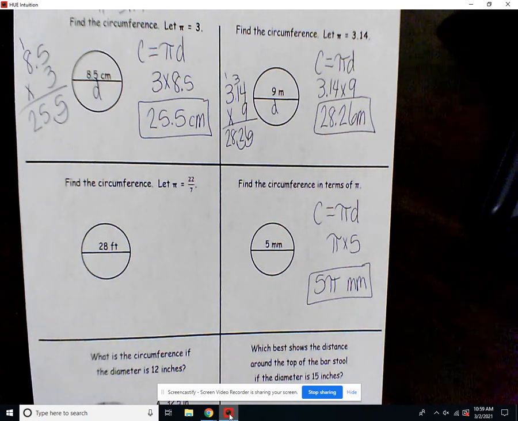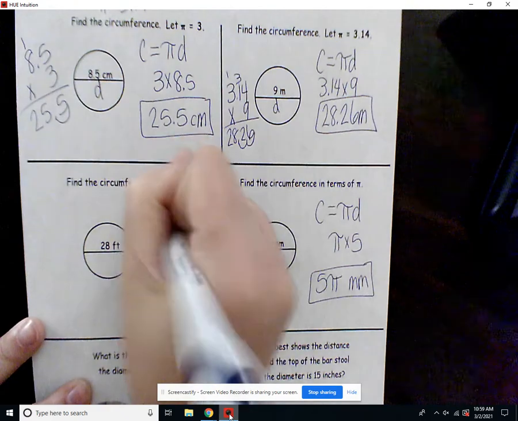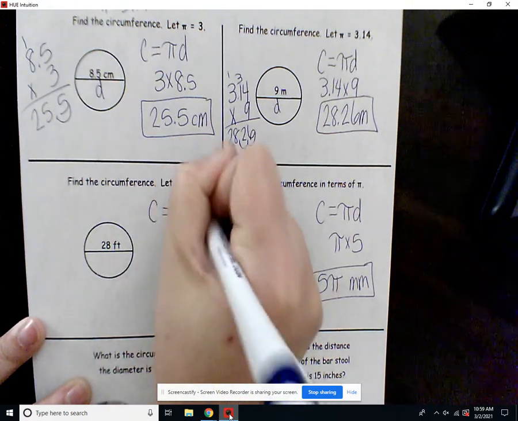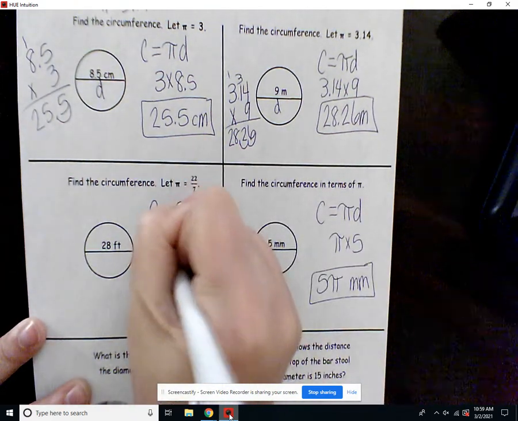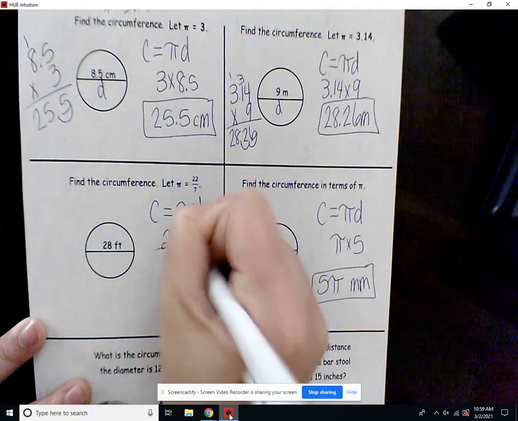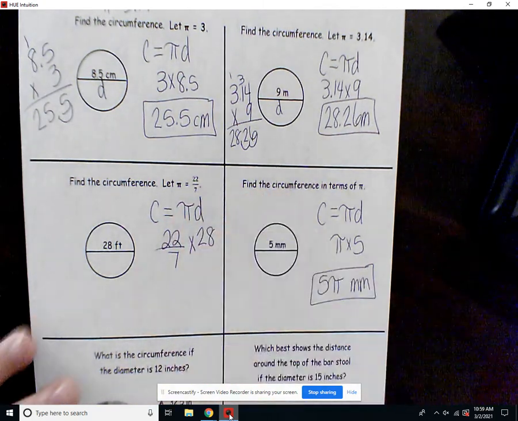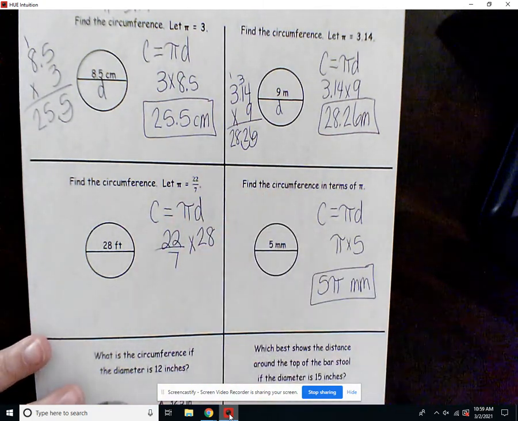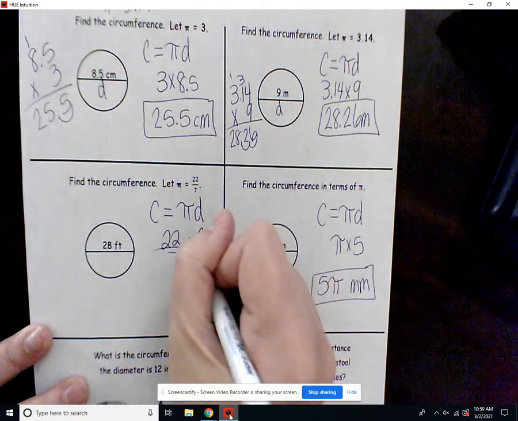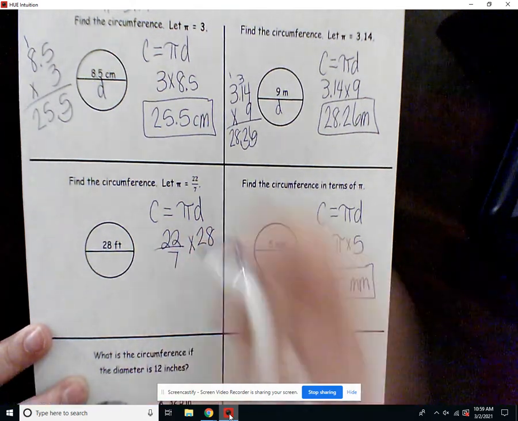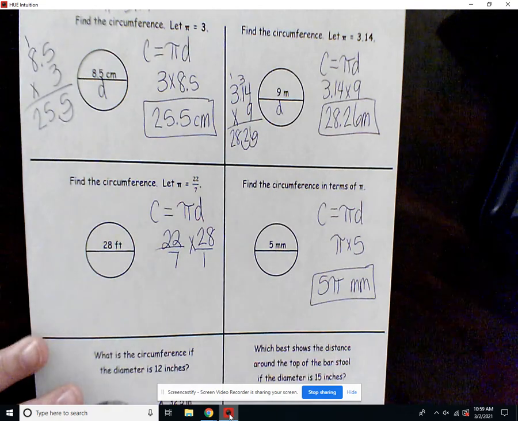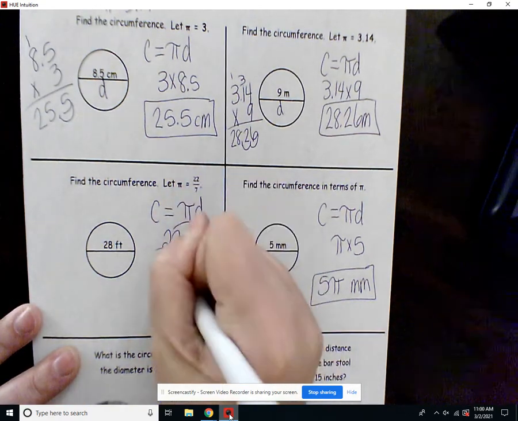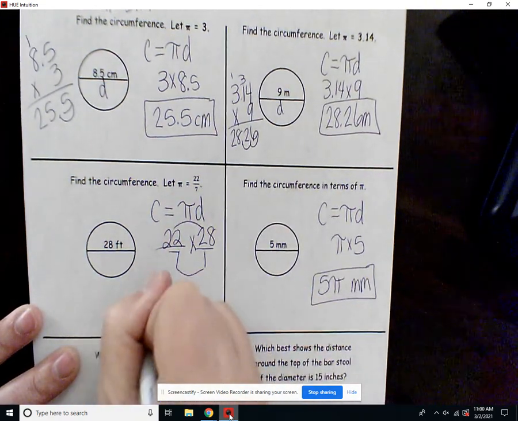All right, so for this next one, find the circumference, let pi be 22/7. So again, we're going to have C equals pi d. Pi will be 22/7, and then we're going to multiply it by our diameter, which is 28. Since it's a fraction times a whole number, we make the whole number a fraction by putting 1 underneath, and then we'll multiply. So 7 times 1 is 7.